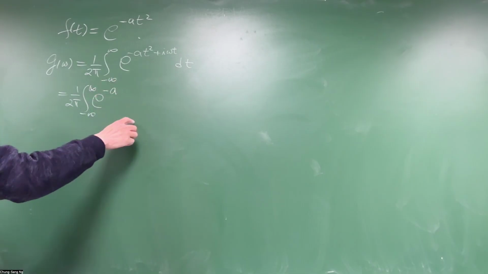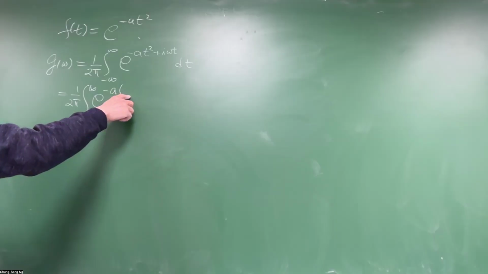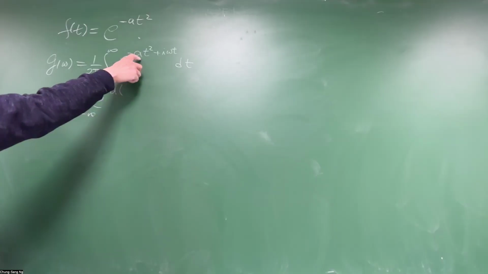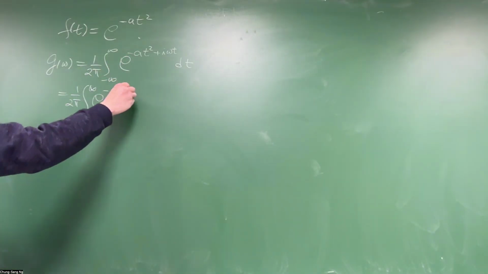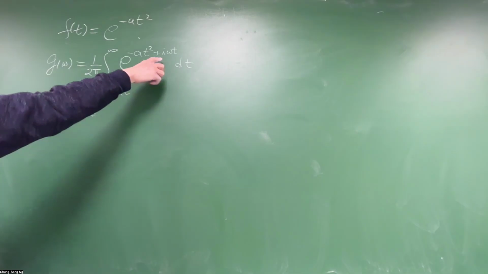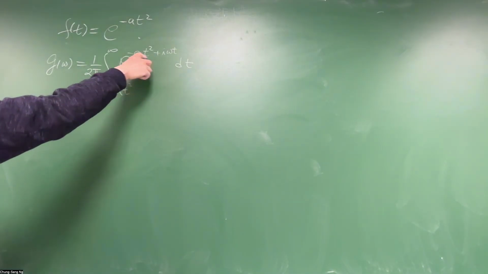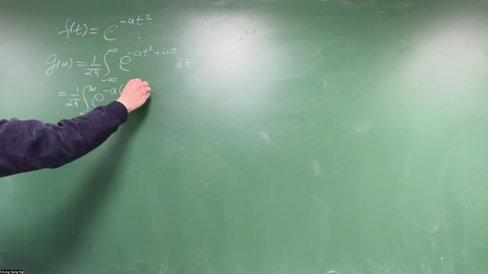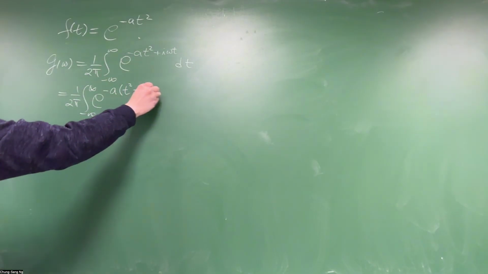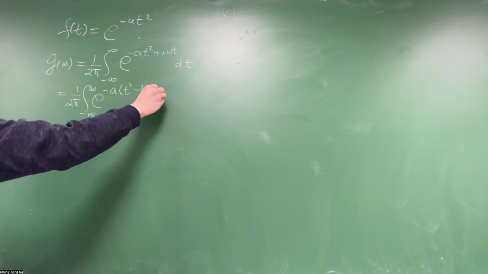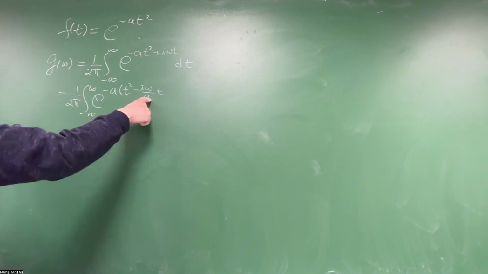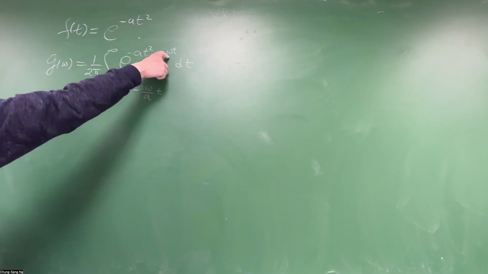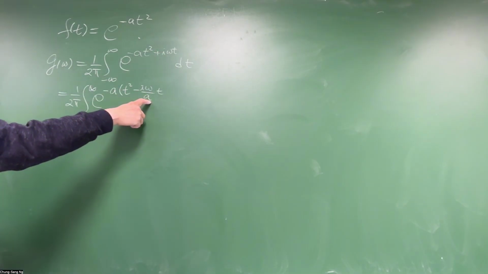The way I like to do it is put everything in t. So pull out the coefficient of t squared. So you have t squared, and for this one, because you have minus a pulled out, you have minus i omega over a times t.